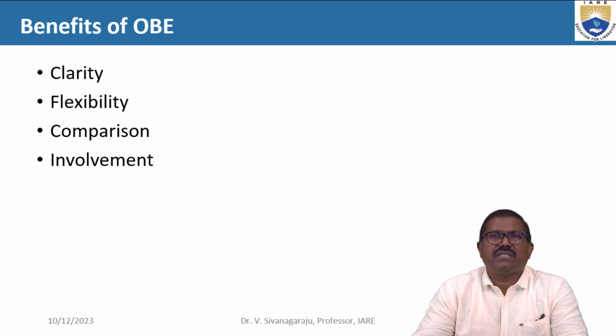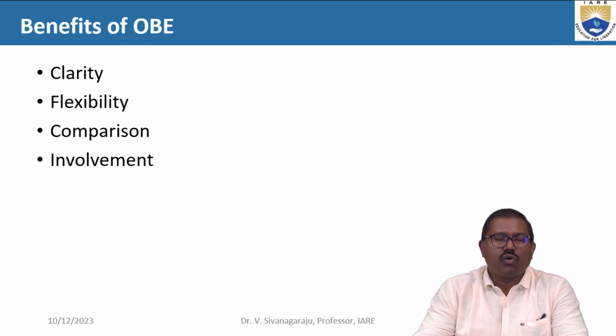Clarity means in OBE we follow analyzing and assessing, and from year to year we are getting the outcomes we are going to assess, so there is clarity. Flexibility: we can change our curriculum based on the feedbacks of stakeholders. We have different stakeholders like students, parents, recruiters, and some industry personnel.